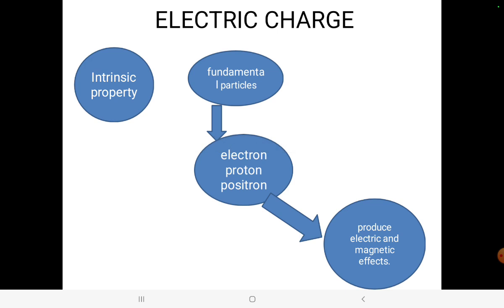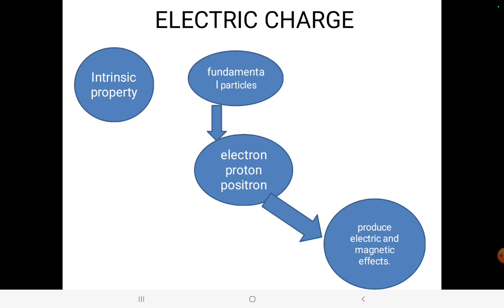For which intrinsic property it is? On the next bubble you can see there is a property of fundamental particles. So what is that property? Charge happens because of the intrinsic property of an atom. Clear? He just said that charge is the intrinsic property of an atom.